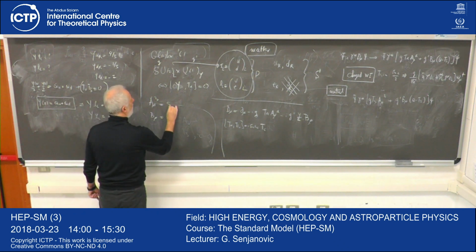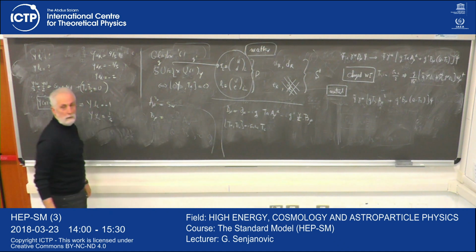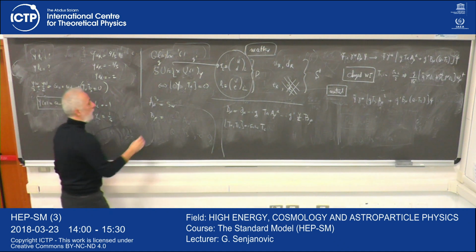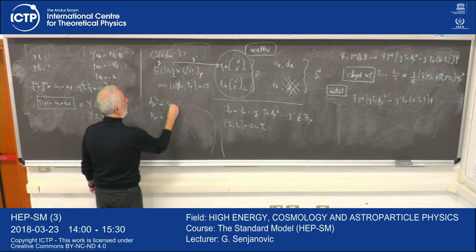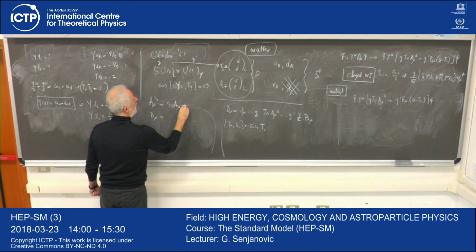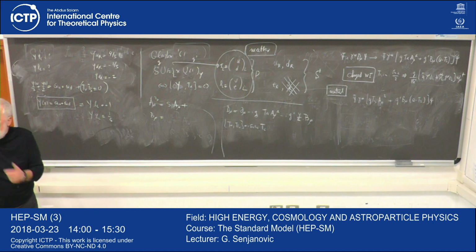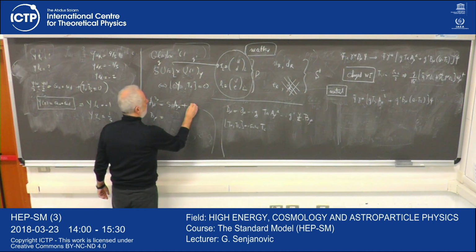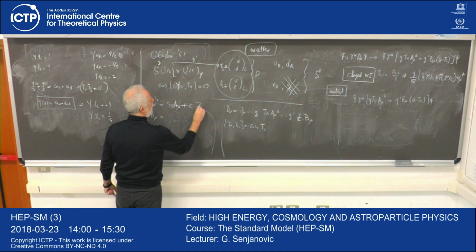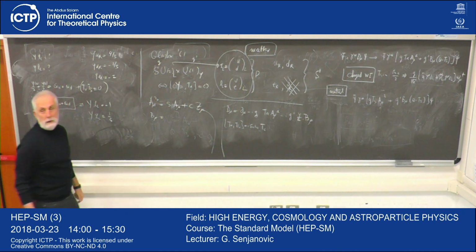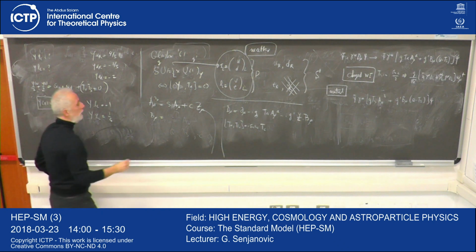Which I will write as A3 = S A plus C Z. I'm anticipating that there will be a photon, plus I'm predicting a new particle, obviously, right? I have 4 generators, this is not surprising.